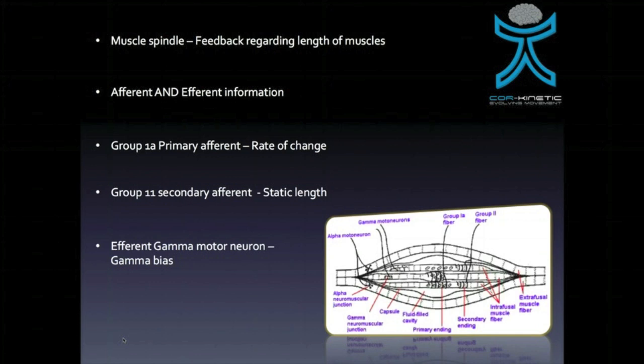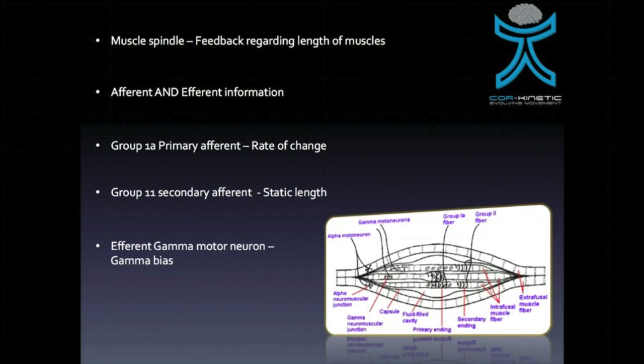Now, my gamma motor neuron only actually affects the intrafusal fibers within the spindle itself. My alpha motor neuron actually affects my skeletal muscle fibers, but they are a reflexive loop, and it's very important that we can have an effect on both of those things.